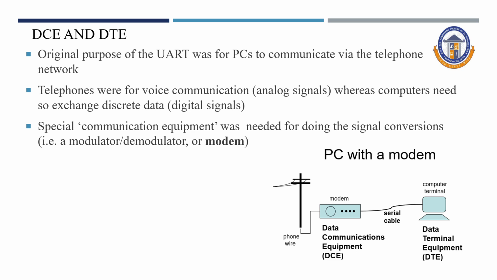As we know, telephones carry voice communication as an analog signal, whereas the computer uses digital signals. For this conversion, special equipment is required, which is called the modem, or modulator and demodulator. Only by the modem can these conversions, analog to digital and digital to analog, be done.